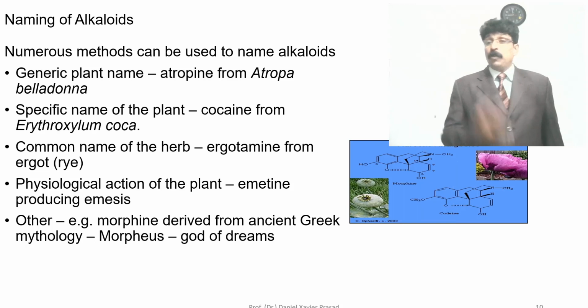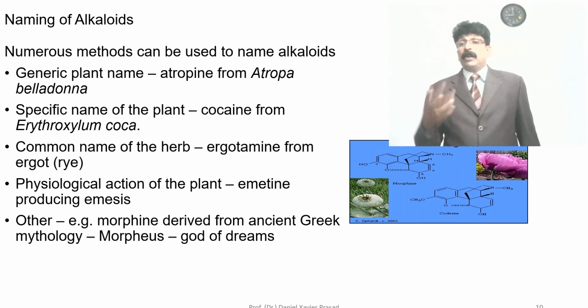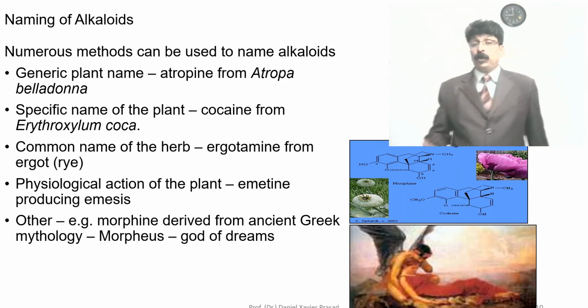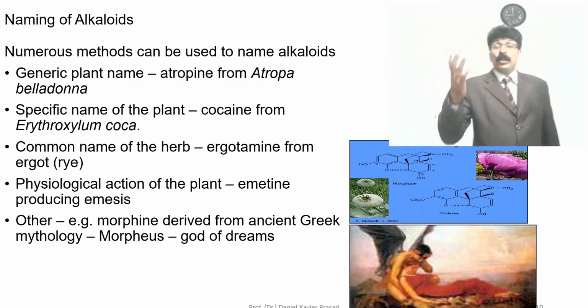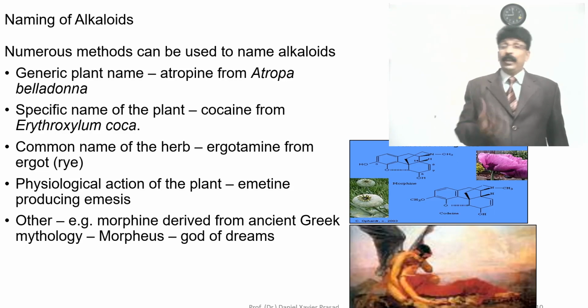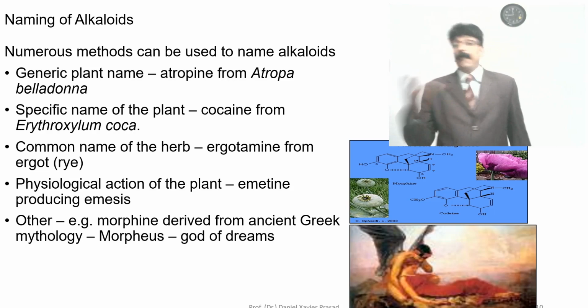So morphine and codeine are very important drugs, and the picture shown is of the Greek god. You know the Greek history and culture brought lots of language as well as medicinal uses.